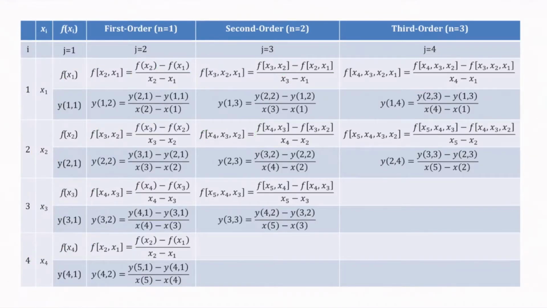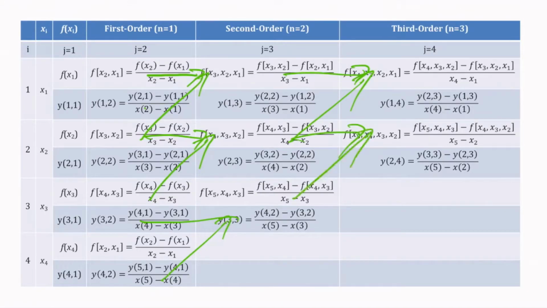So in essence, this is how you obtain your values for the second order. And for the third order, this is what you need to solve for the divided difference terms, and so on and so forth.